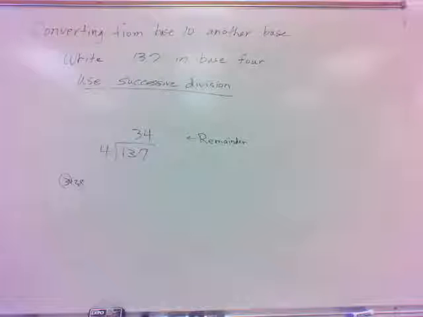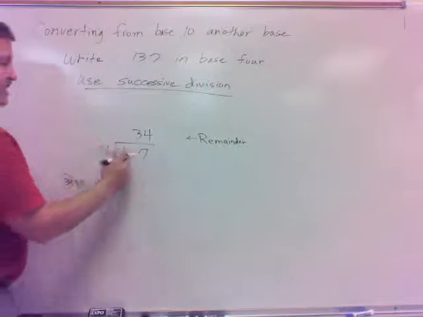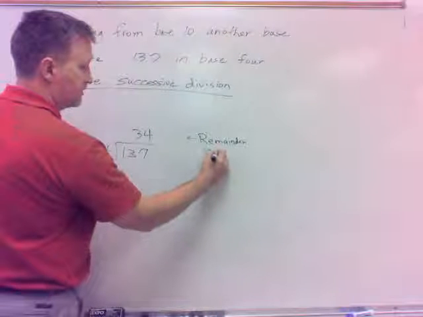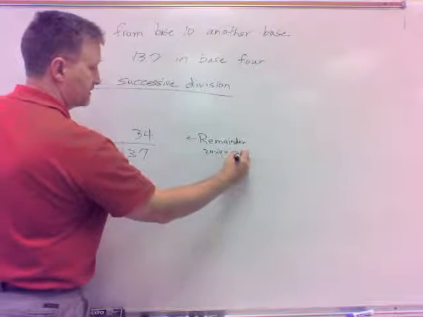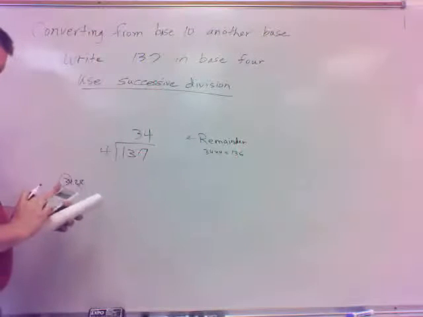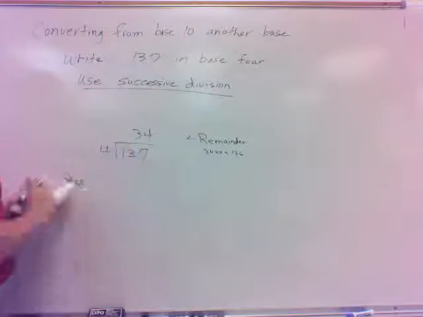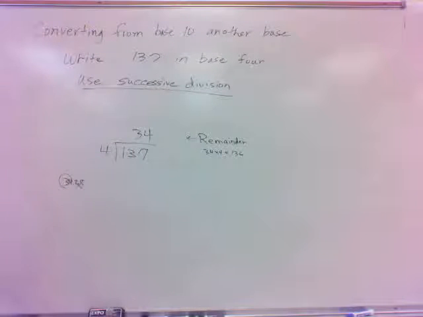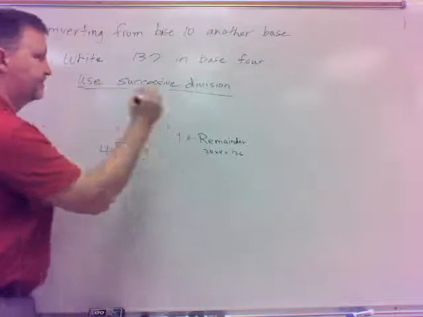What remainder do I get when I divide 137 by 4? Well, 34 times 4 is 136. Just multiply those two together, you get 136. So I'm going to have a remainder of 1.